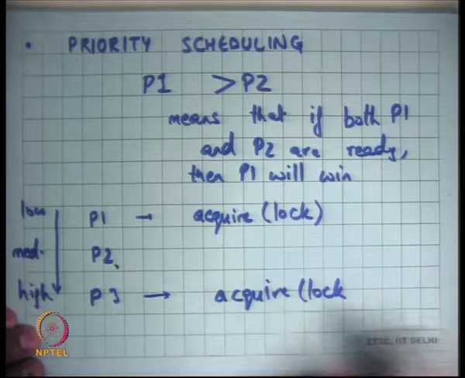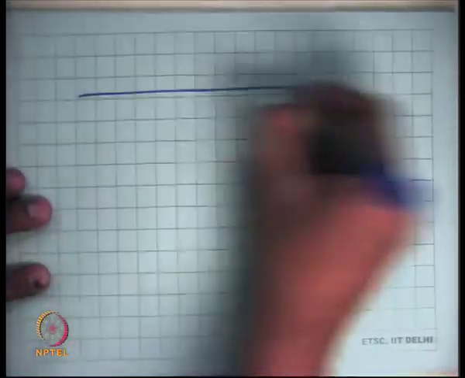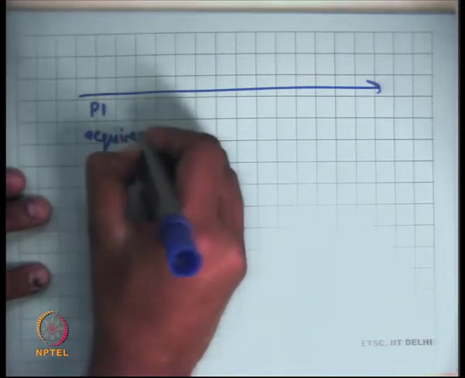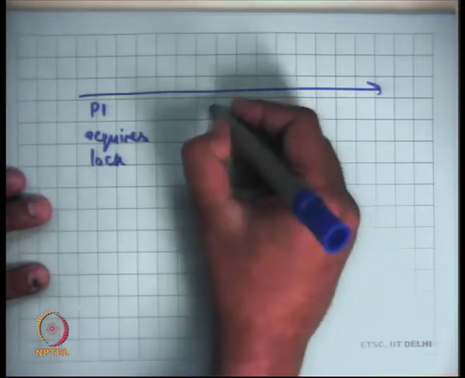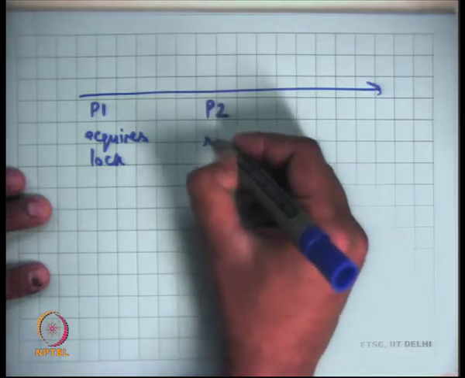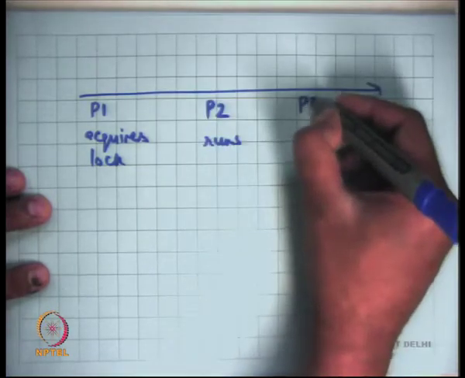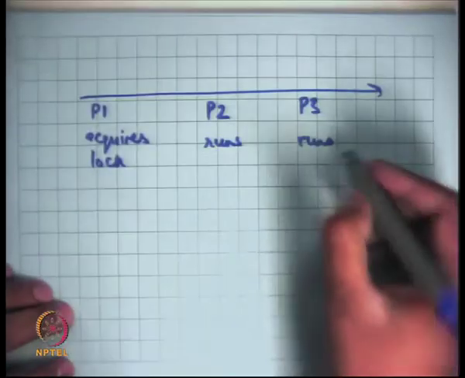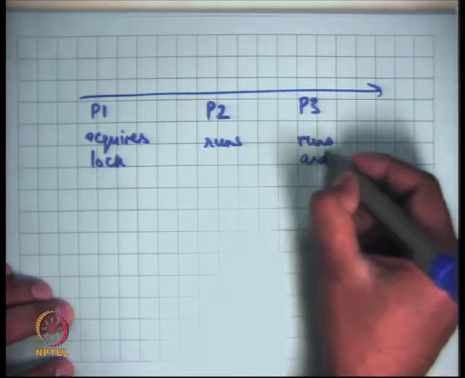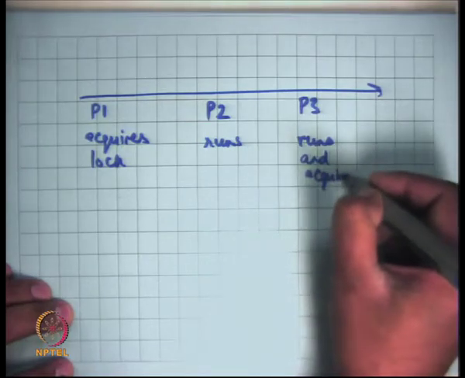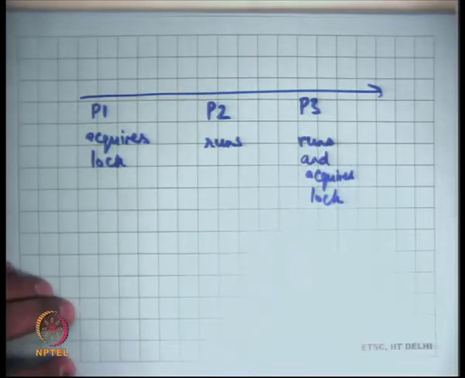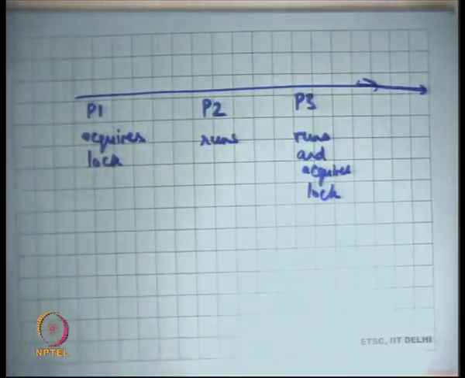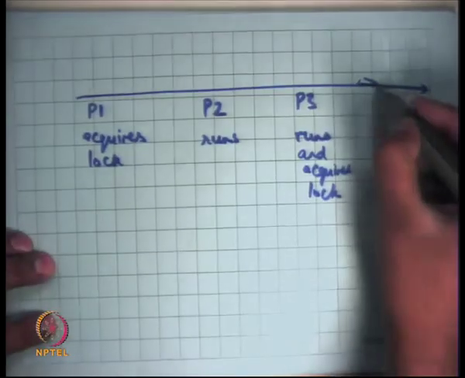So this is my timeline. P1 acquires the resource or lock, P2 runs, then P3 comes in. P3 is higher priority, so P3 starts running and tries to acquire the lock. But because the lock is already held by P1, P3 will have to block, let's say it's a blocking lock.